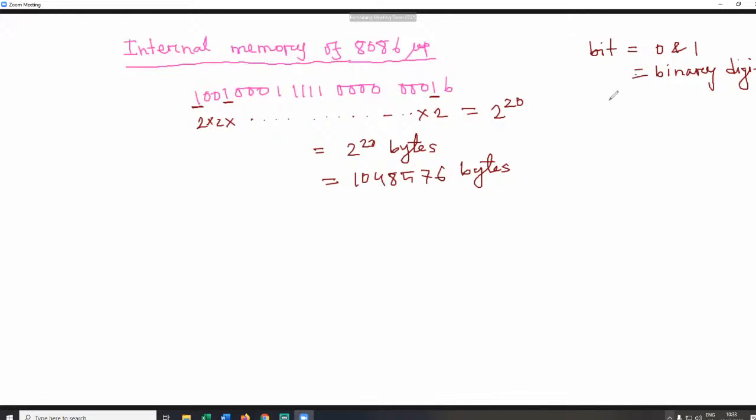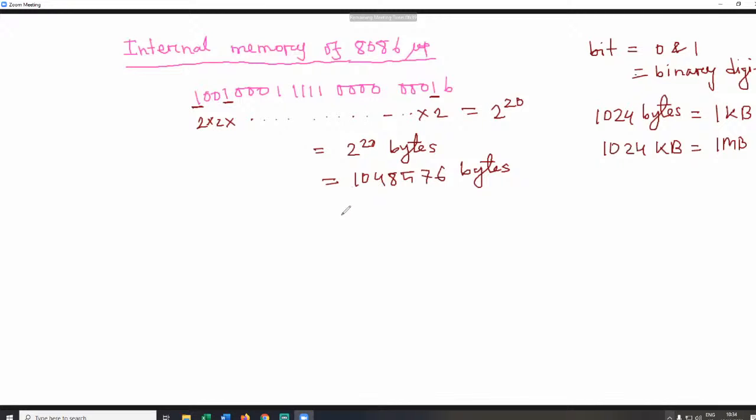Now you know that 1024 bytes equal 1 kilobyte, and 1024 kilobytes equal 1 megabyte.